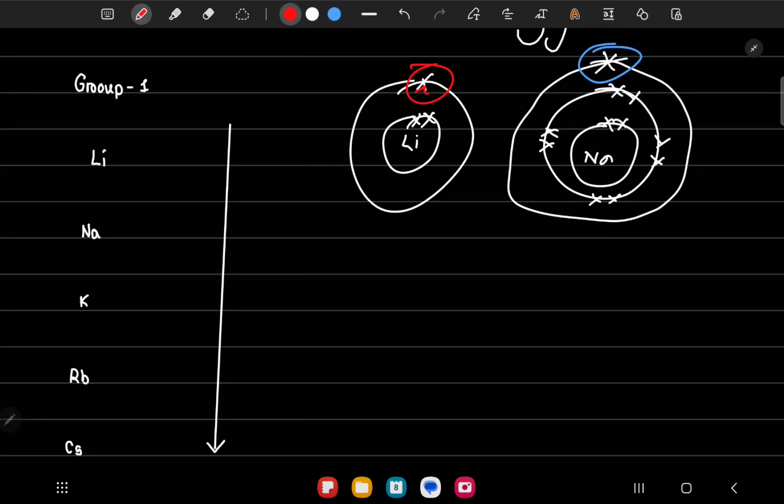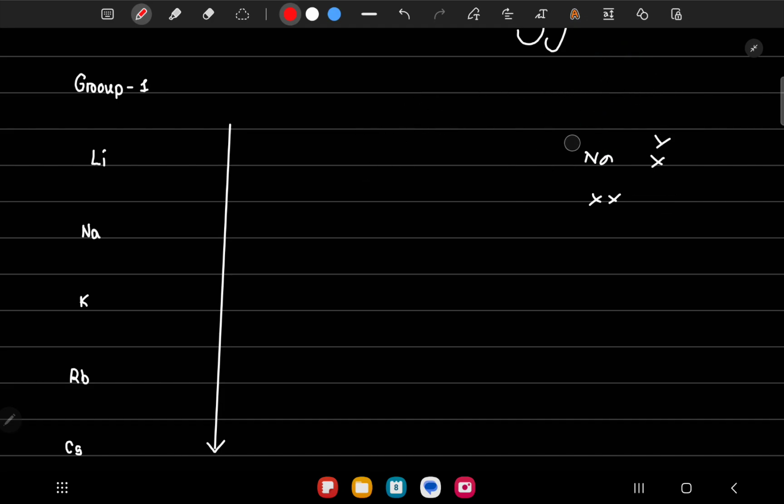So the distance between lithium's outermost electron and its nucleus is smaller than sodium, and so on. So as we go down the group, the distance between the nucleus and the outermost electron increases. And if that happens, the energy of the electron increases, since the energy of the electron depends on the distance it is from the nucleus.